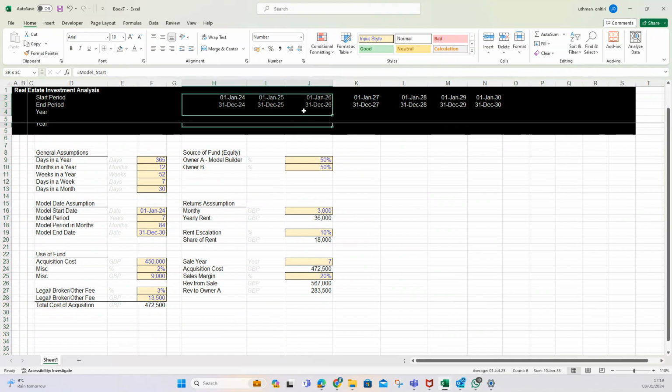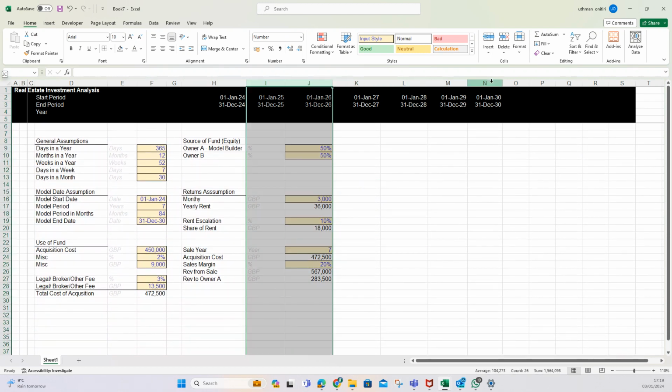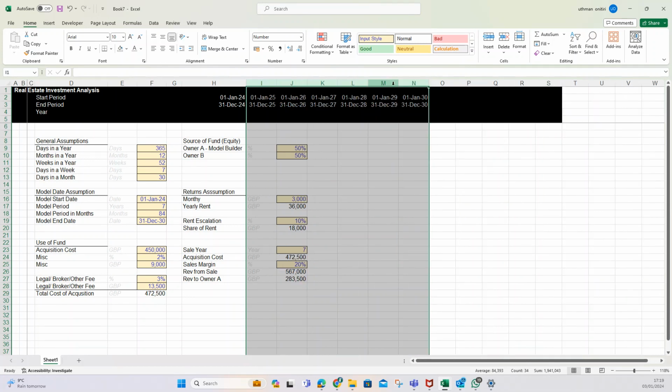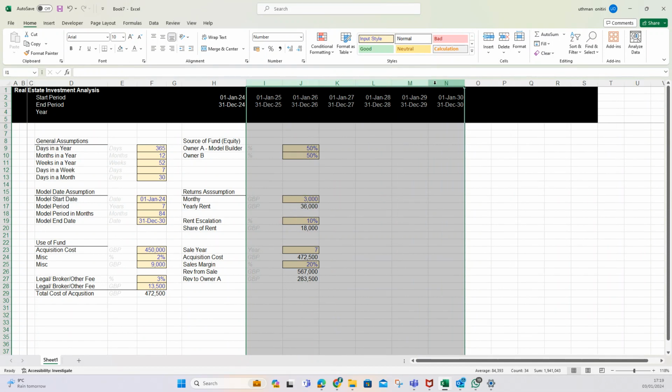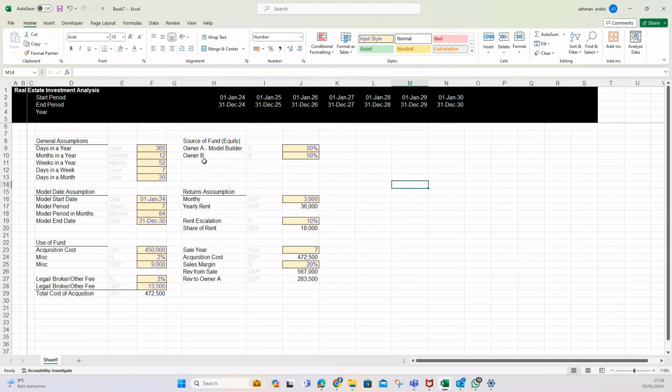And again, never mind the dates. Let's just do a bit of adjustment to the columns. Optics, right? You can do whatever you choose to do as long as you have a functional model, guys. That's the most important thing.